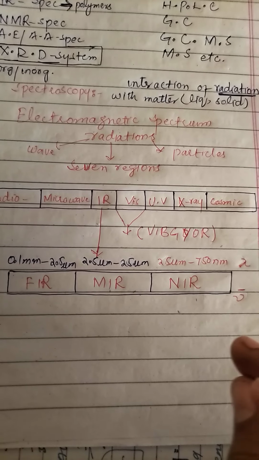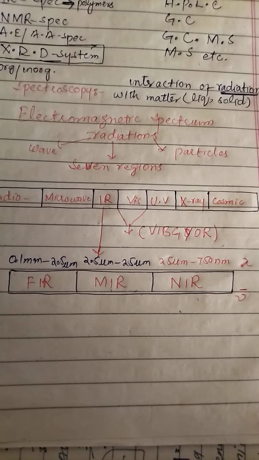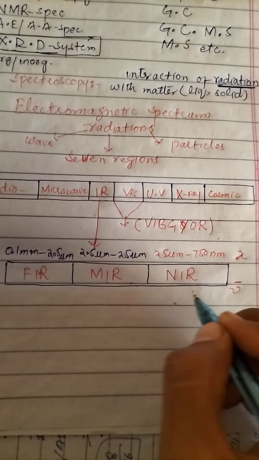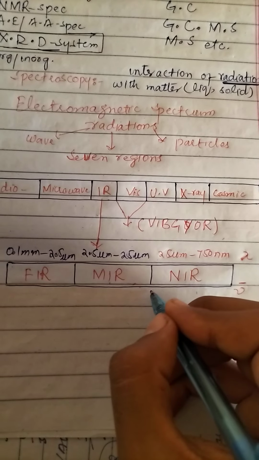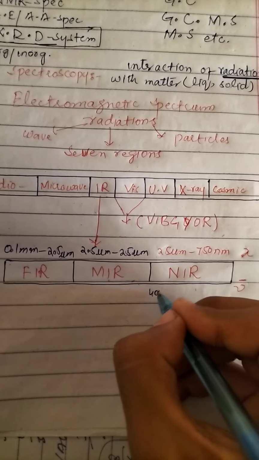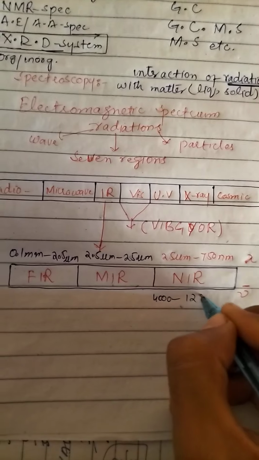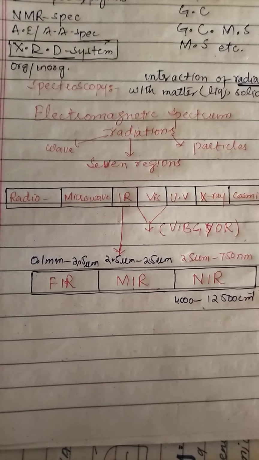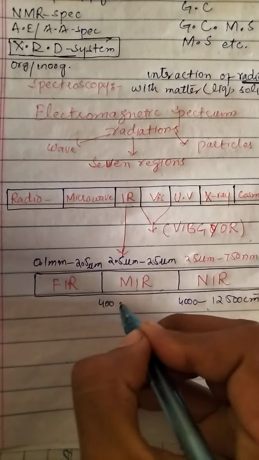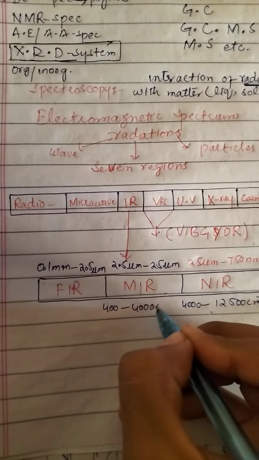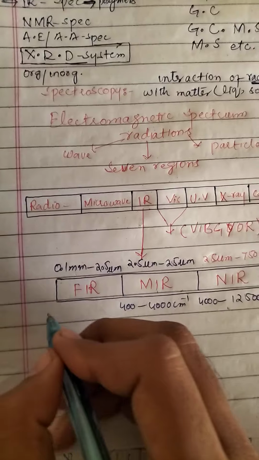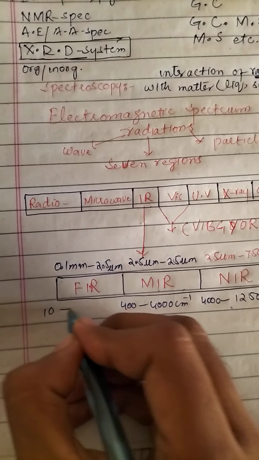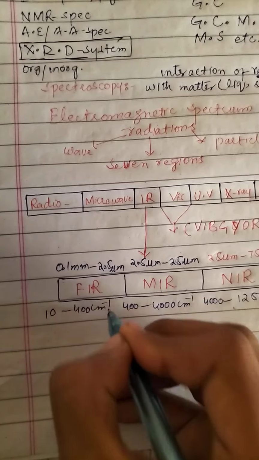If we talk about the wave number of the IR region, near IR has a wave number from 4,000 to 12,500 per centimeter. Mid IR is from 400 to 4,000 per centimeter, and far IR has a wave number of 10 to 400 per centimeter.